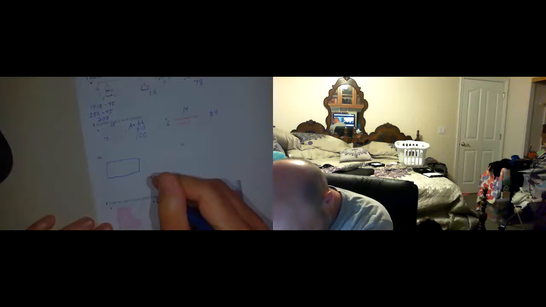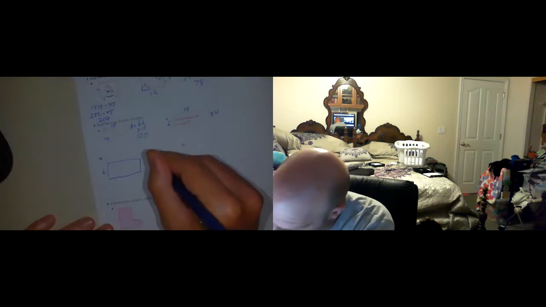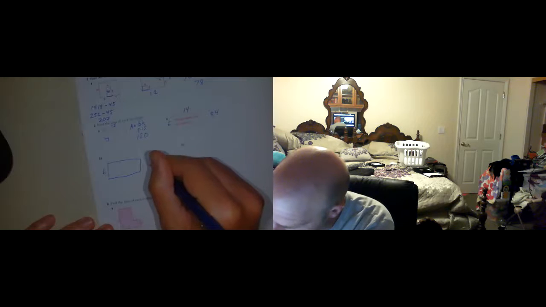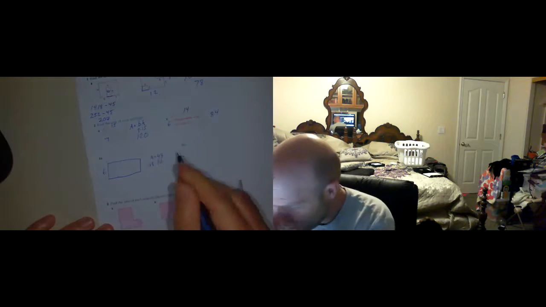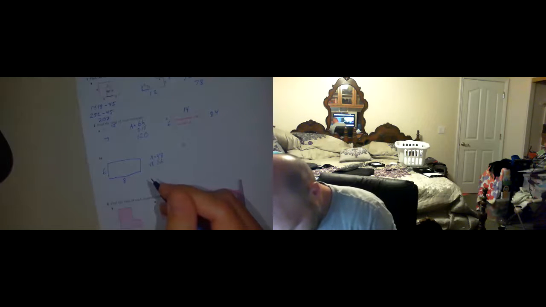And the altitude is 6. So if this is 6 and the area equals 48, again, that 48 equals the base times the height. So I'm really dividing, and I'm going to get 8 in here. I think they were a little bit more specific and gave me units this time.